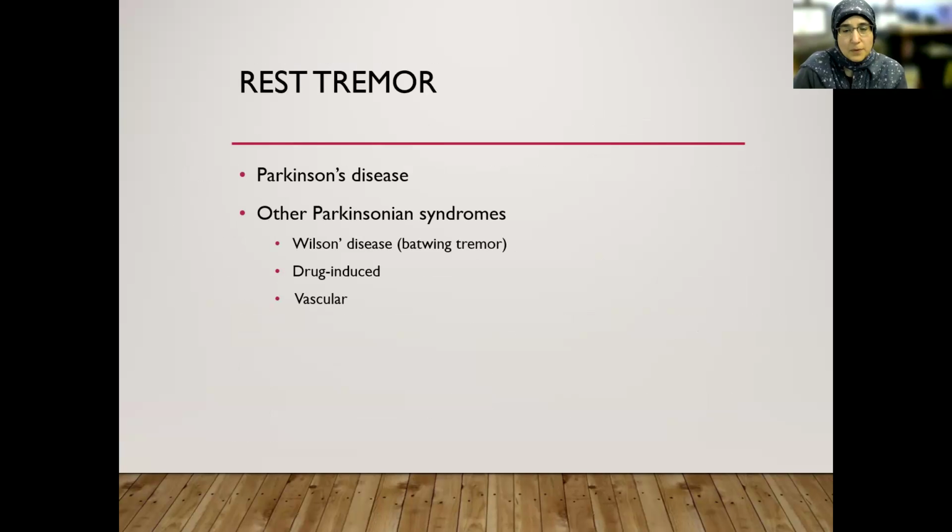Now, rest tremor, which again, as the name shows, is something that we see in Parkinson's disease and disorders which are related to Parkinson's disease, is something that happens at rest. And whenever we use this term rest, it's extremely important that our extremity is truly still.